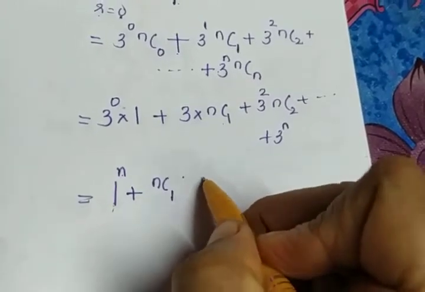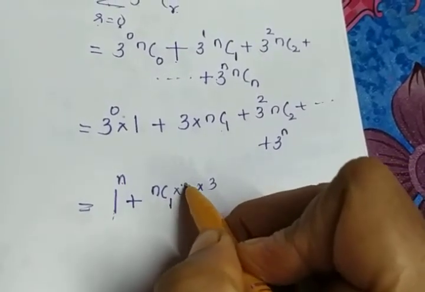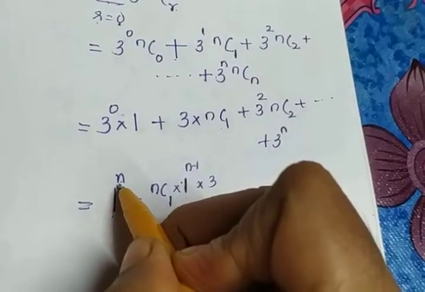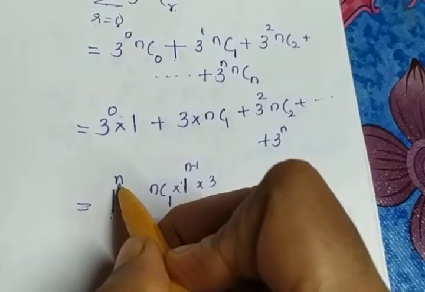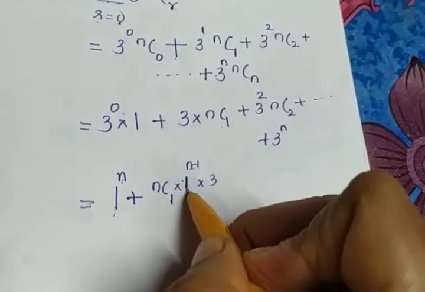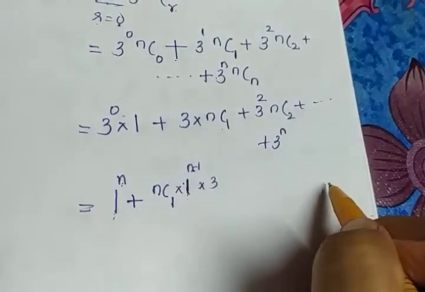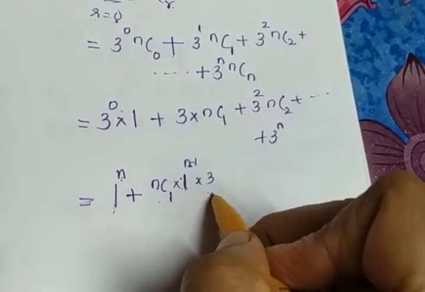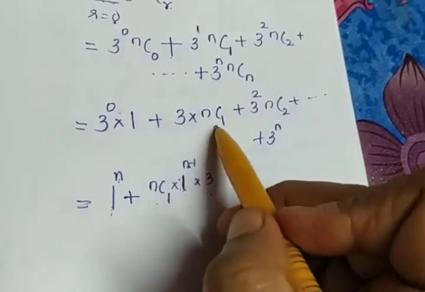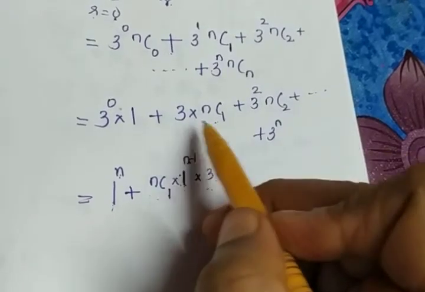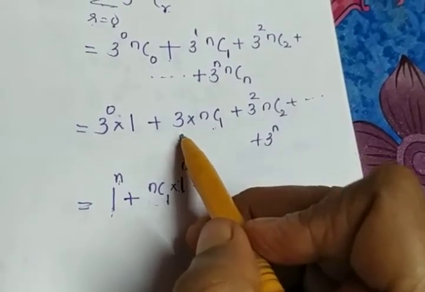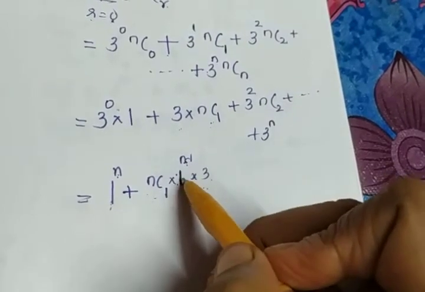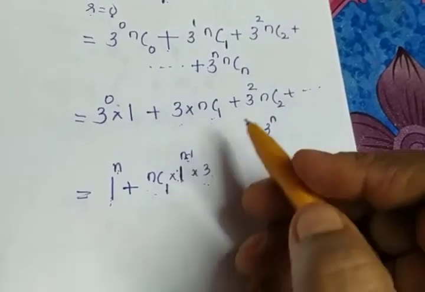And here we have a 3, but I am writing 1 raised to n minus 1 by making it 1 less than n. 1 raised to any number gives you the value 1. To identify the summation as an expression, I am doing this. There is no change in the value. nC1 into 3 is the term here. nC1 into 3 is the same as nC1 into 3 into 1. Instead of that 1, I wrote 1 raised to n minus 1, as any power of 1 gives you the value 1.